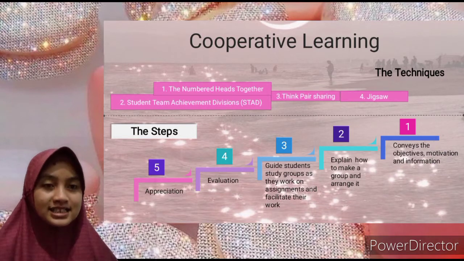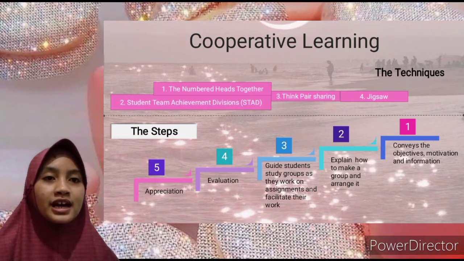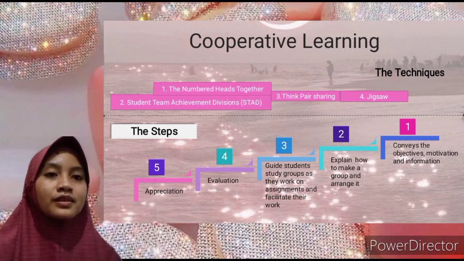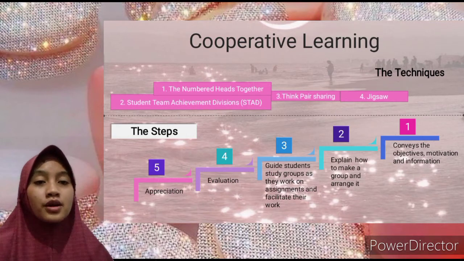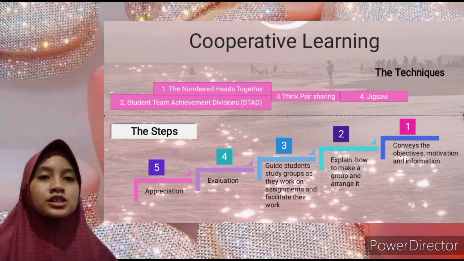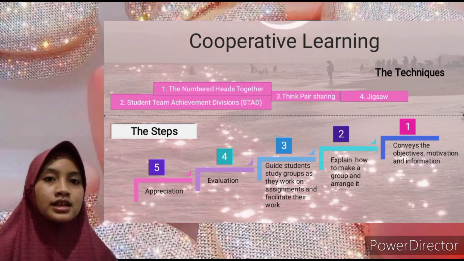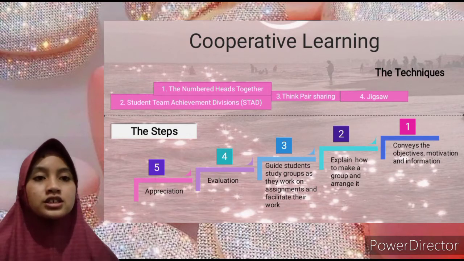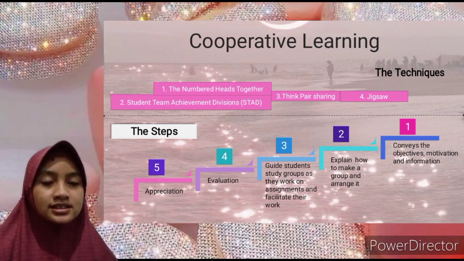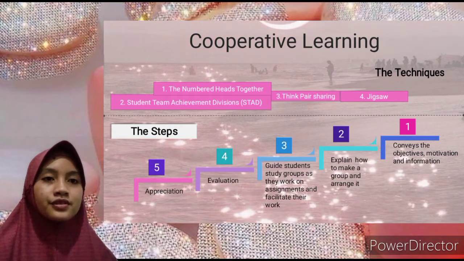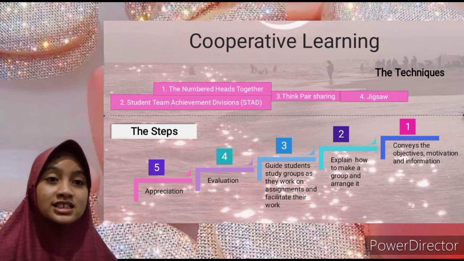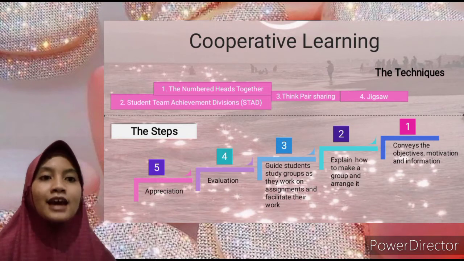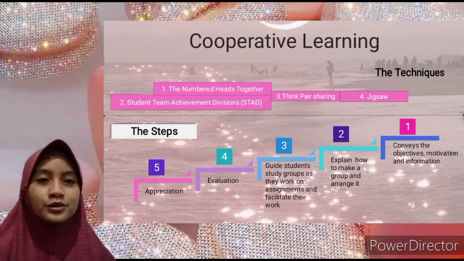These are the steps of cooperative learning. So when we want to use cooperative learning, the first step we must do: the teacher conveys the objective and gives students information and motivation about the study.